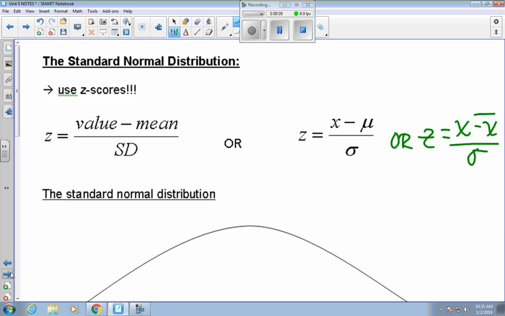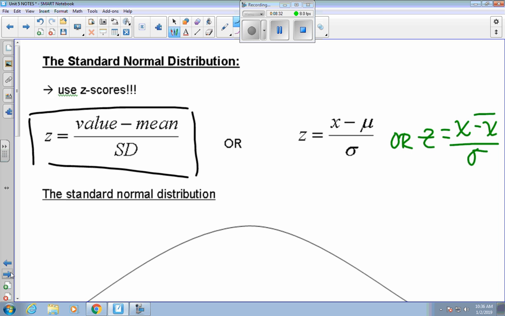And then the z-score can be related to a p-value, which is a percentage. So that's what they're talking about with the percentage under the curve. Now, your z-score has this formula right here. Z is the value that you're looking for minus the mean all over the standard deviation. So SD is standard deviation.